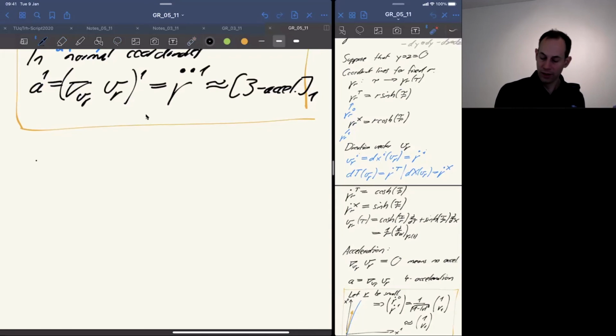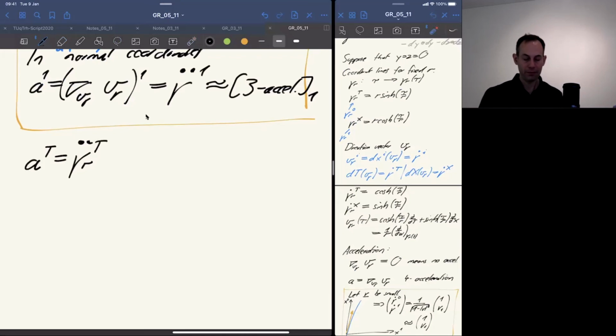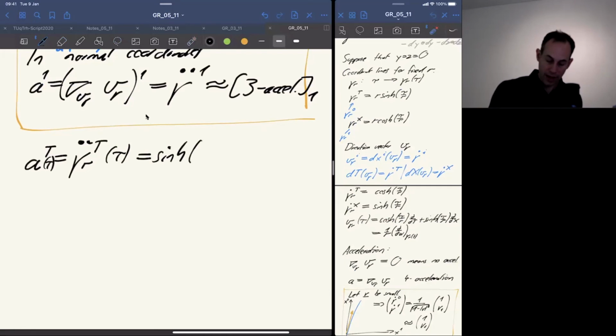So let me write this down. The acceleration in the t direction, because I'm working in Minkowski coordinates, is just this object here, for the same reason as said before. I should say the acceleration may change over tau in general as I move along the curve, so it still depends on tau. But this derivative I can easily evaluate. It's 1 over r sinh of tau over r.